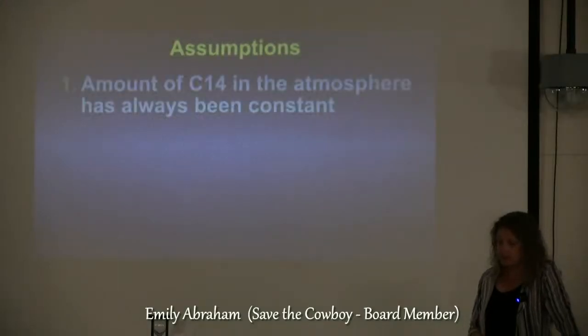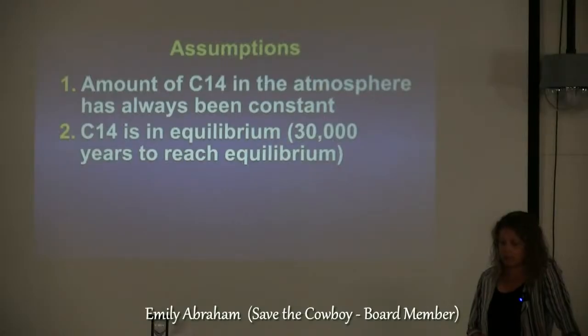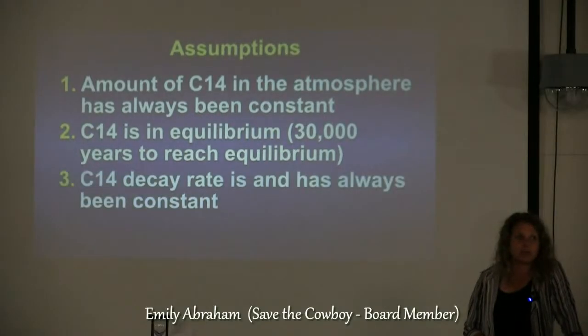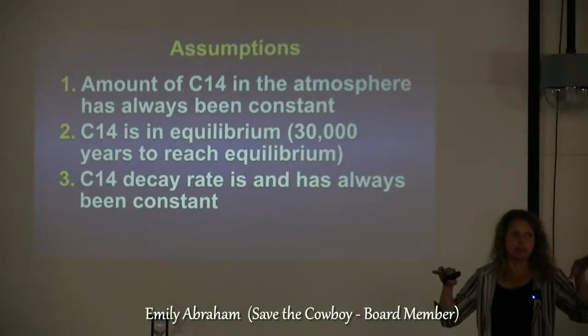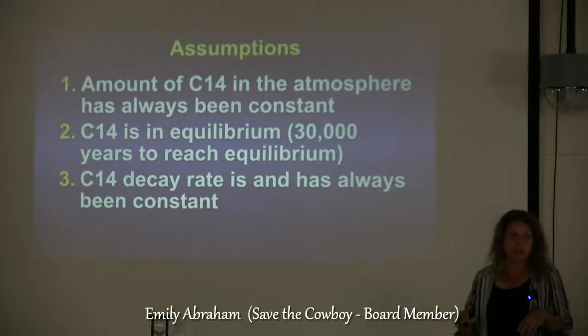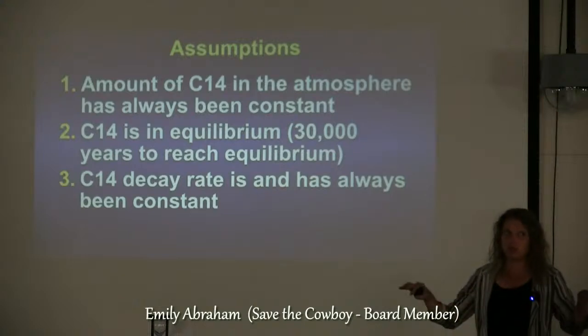Okay, so the assumption is that the amount of carbon-14 in the atmosphere has always been constant, that carbon-14 is in equilibrium, meaning it's the same, coming in and going out. They've done calculations, and at 30,000 years, we will be at equilibrium.